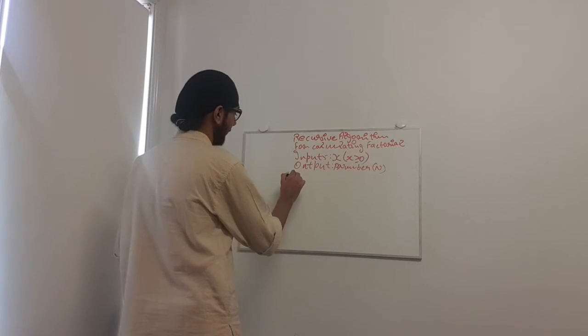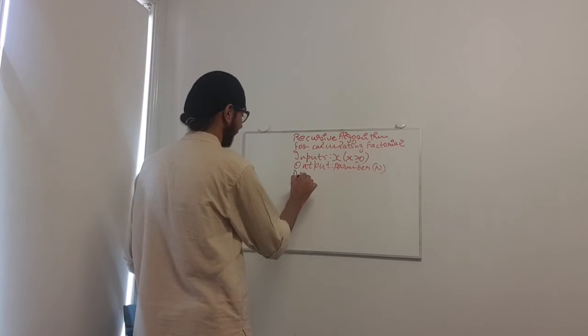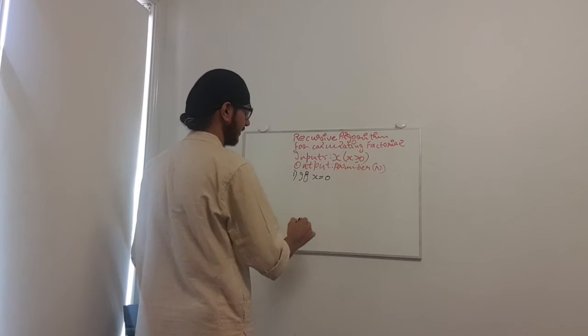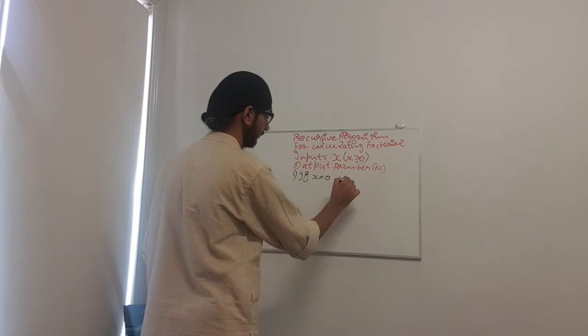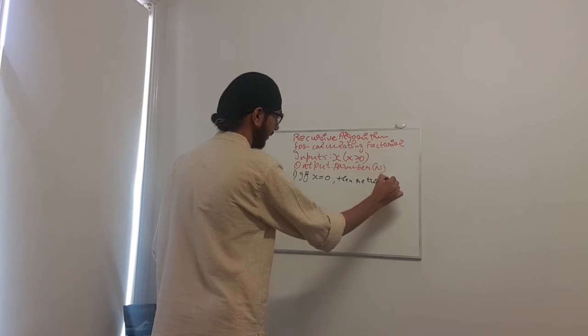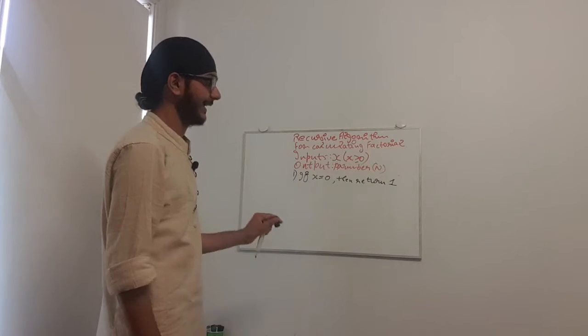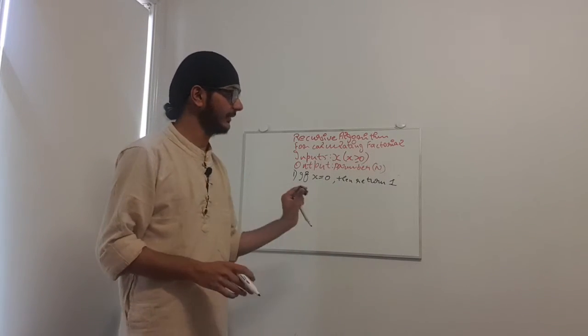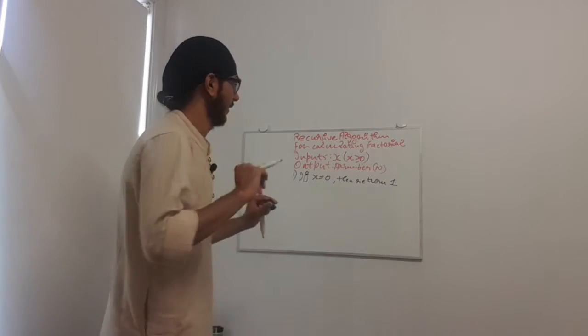The first step in this procedure is, if x is equal to 0, then return 1. Now what does this mean? At the start of the algorithm, we are defining a base value.